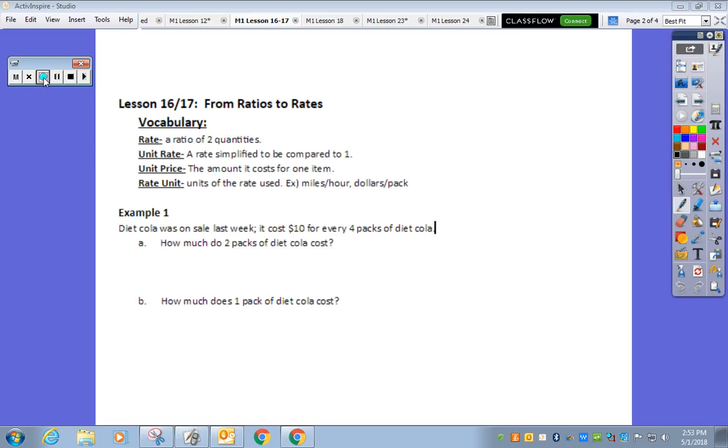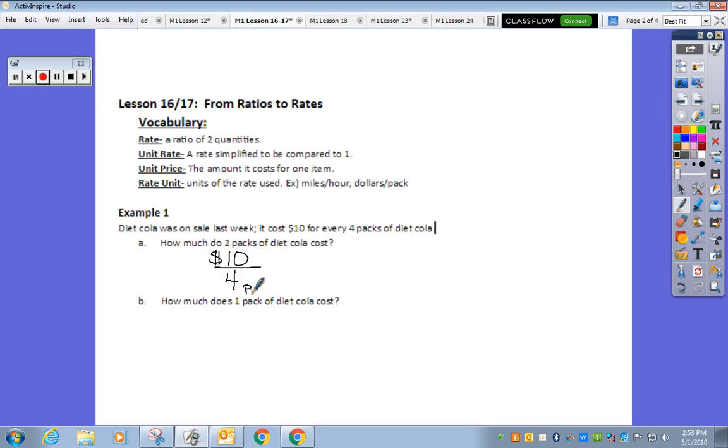So we're going to use the idea that it's $10 for 4 packs of cola. Notice I'm labeling my fraction here, and I'm setting this up as a fraction because I'm going to use equal fractions to help me find my answer.